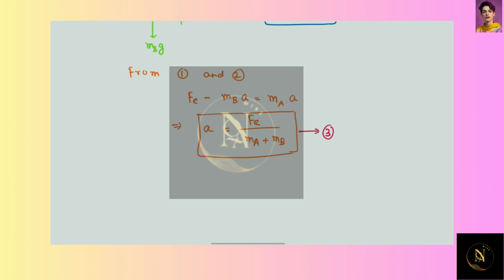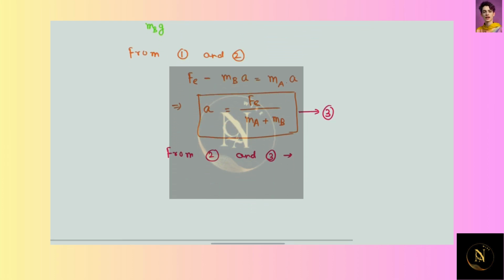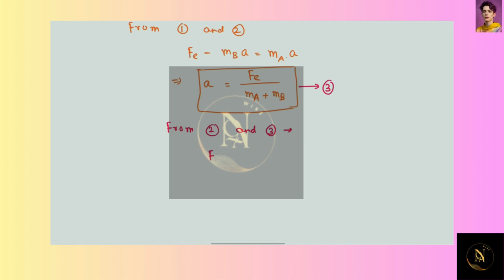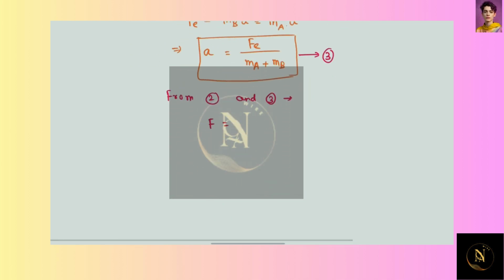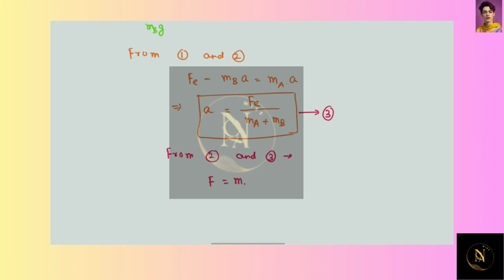So from 2 and 3 I will get F equals Mb into, in place of a I will write Fe by Ma plus Mb.